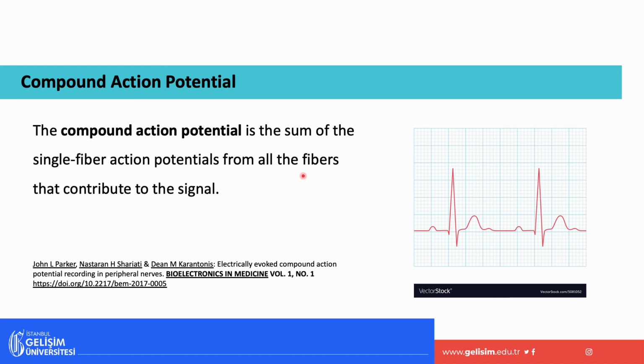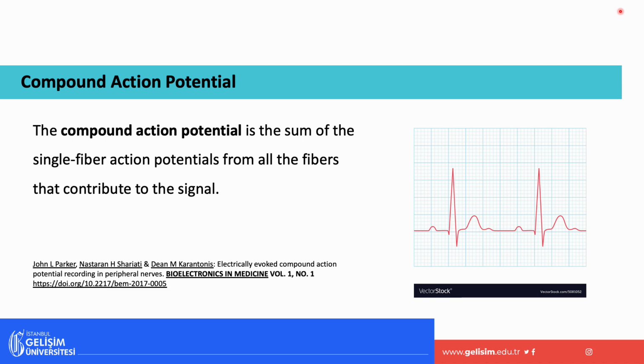Okay, moving on to compound action potential. So compound action potential is a measure of the electrical activity that's generated by a group of neurons in response to a stimulus. And it's called compound action potential because it represents the sum of the individual action potentials that are generated by each neuron in the group. So when a stimulus is applied to a group of neurons, each neuron generates its own action potential, which produces a brief change in the voltage across the cell membrane.